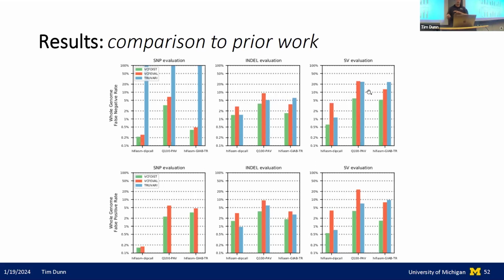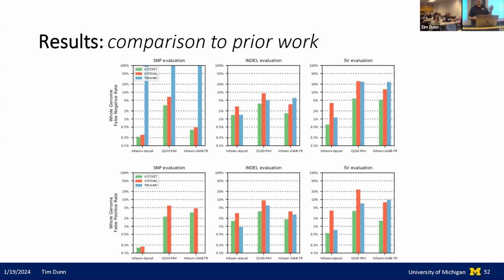However, because they require exact matches, you can see that there's a bigger and bigger difference between that prior work and our tool as the variant size increases, because it's less and less likely that you're going to have a perfectly exact match. And then TrueVary works with indels and structural variants. It doesn't evaluate SNPs at all. So we have a 100% false negative rate and 0% false positive rate for that.